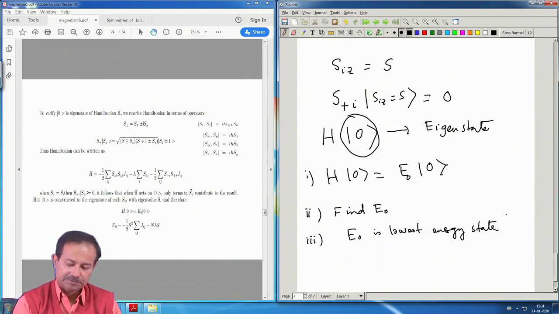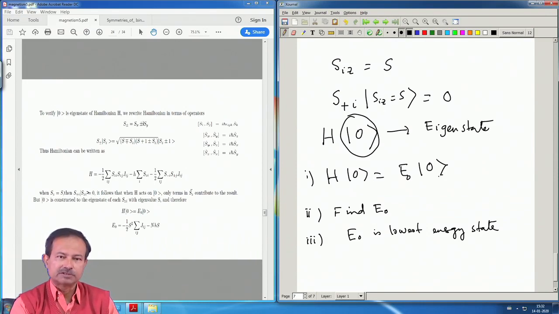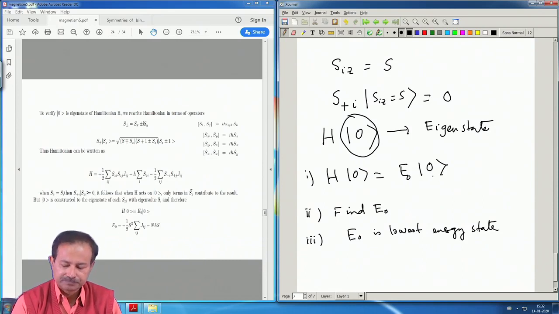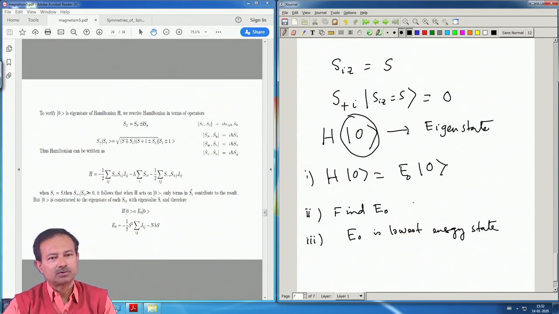So, there are 3 steps. One is that I will use the Heisenberg Hamiltonian to operate on this chosen state |0>, and first I have to show that the chosen state is indeed an eigenstate. Second, I will have to find out the eigenvalue, and third is that I have to show that there are no other states which give a lower eigenvalue.